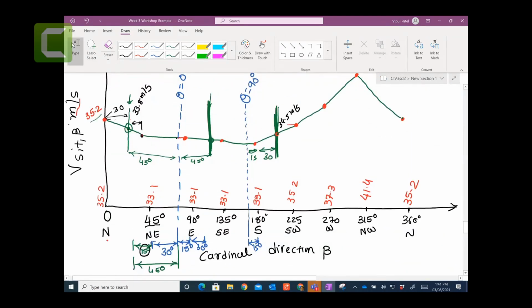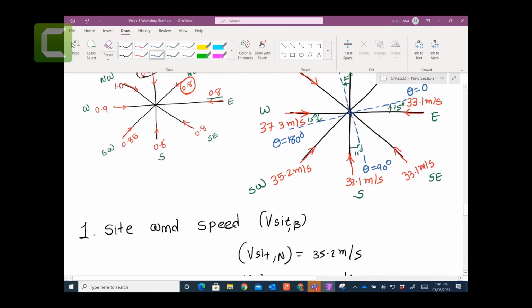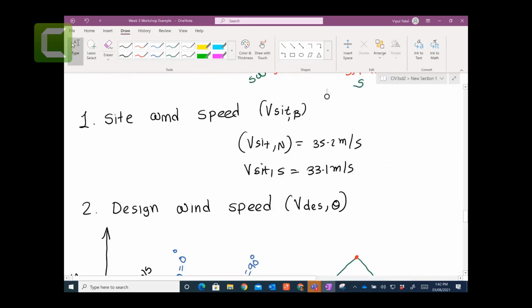Go to the next one. That line is this one, 180. 180 is sitting between southwest and west, measuring 15 degree from west.